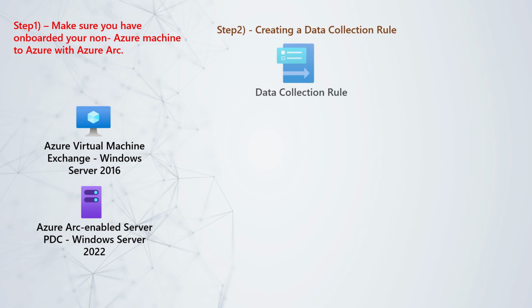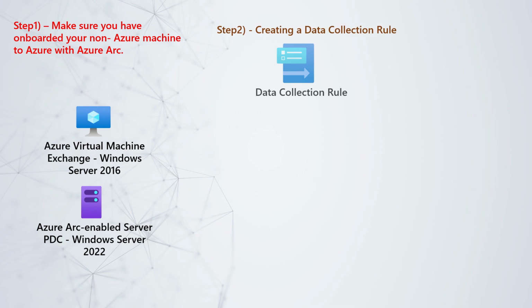Okay. Now for this particular video, I'm going to use a machine which is basically a PDC for me, and the OS which is installed on that particular machine is Windows Server 2022. Now this is the same deck which I have also used in my data collection rule video. So step number one is to make sure that I have onboarded the machine with the help of Azure Arc to my Azure subscription.